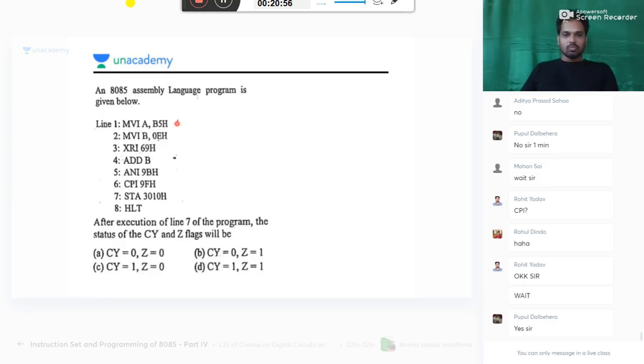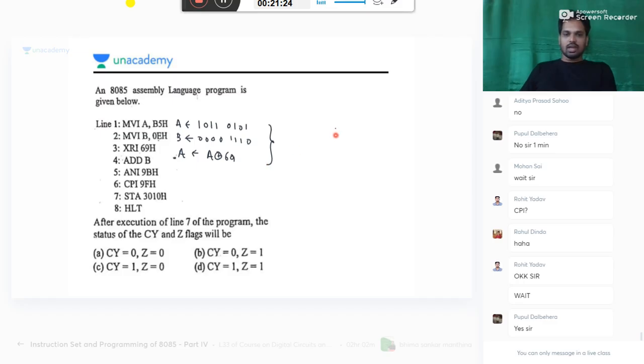So here the accumulator is copied with B5. Next, B is copied with 0E. 0 means 0000, E means 1110. XRI: A is equal to A XOR with 69.